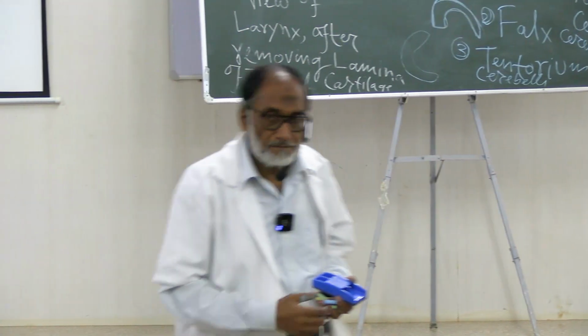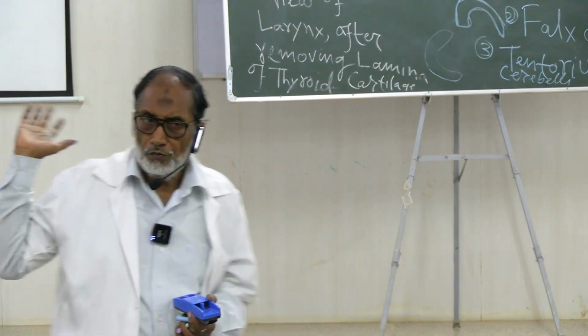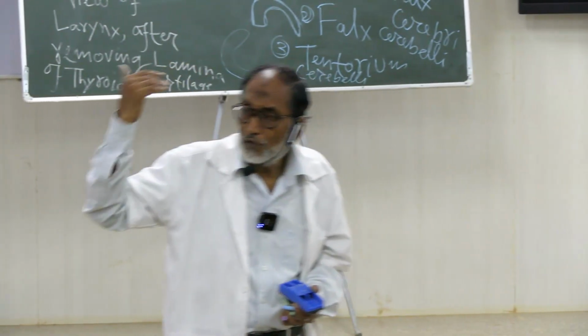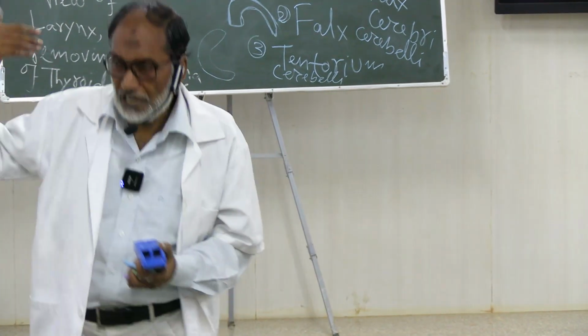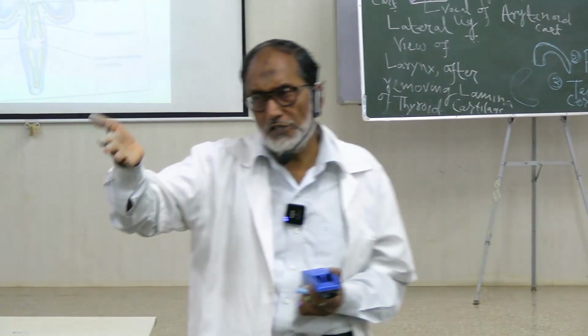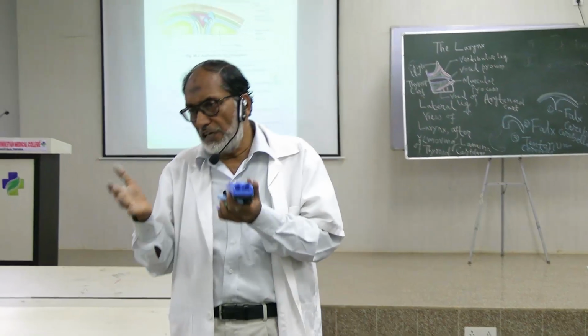Here also, in the case of the spinal cord, the space between the dura mater and arachnoid mater is known as the subdural space. Arachnoid mater, pia mater, subarachnoid space. But in the case of the spinal cord, it carries some importance.